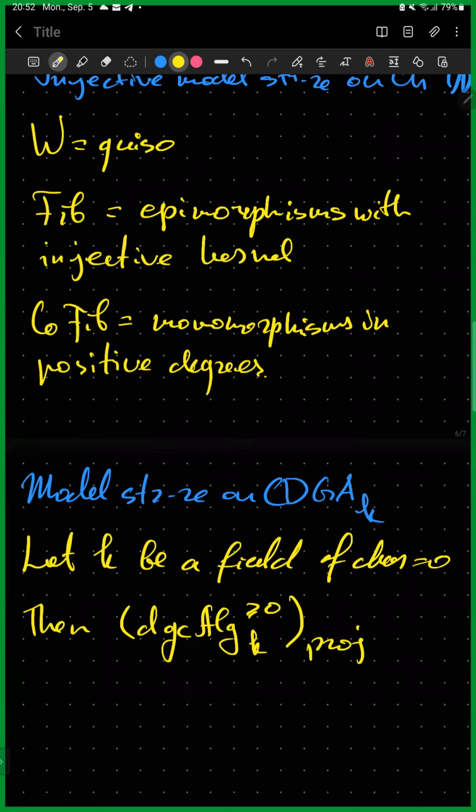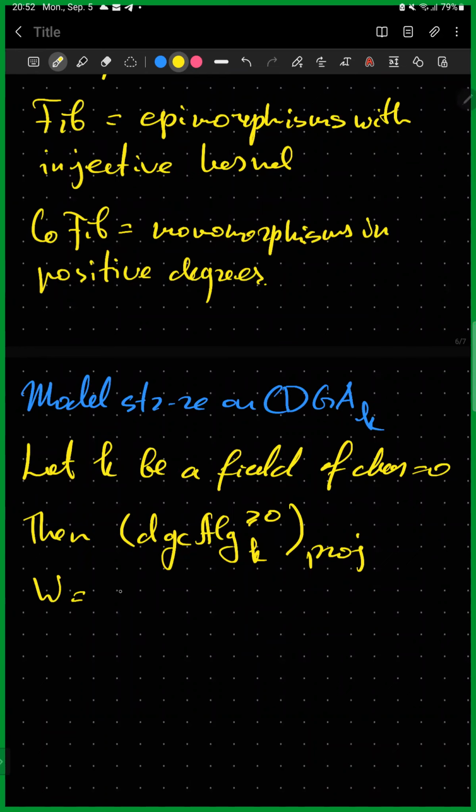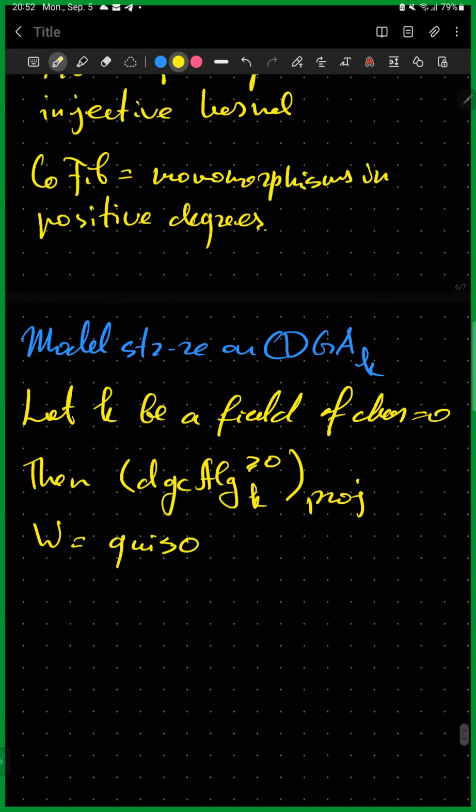So weak equivalences are, once again, quasi-isomorphisms. Fibrations are epimorphisms in all dimensions. And cofibrations are defined by the lifting property.